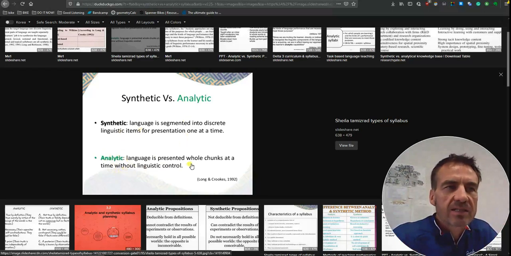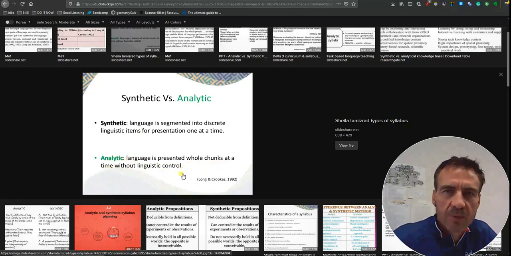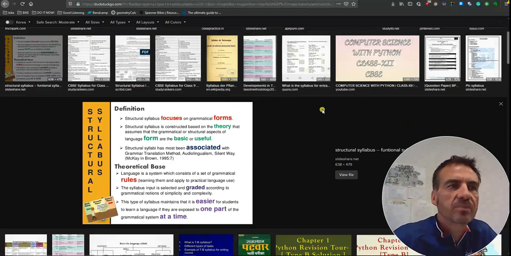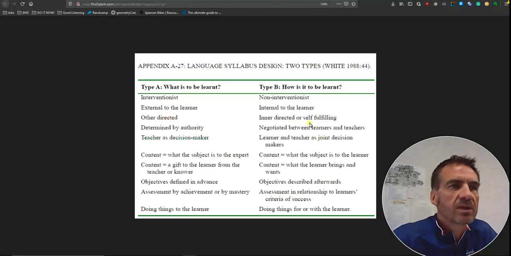To analyze is, this analytic is where language comes up in chunks, phrases, groups of words. You do not control what happens. Things happen through natural reading, for example, or listening to, we did authentic materials. That might use an analytic approach.